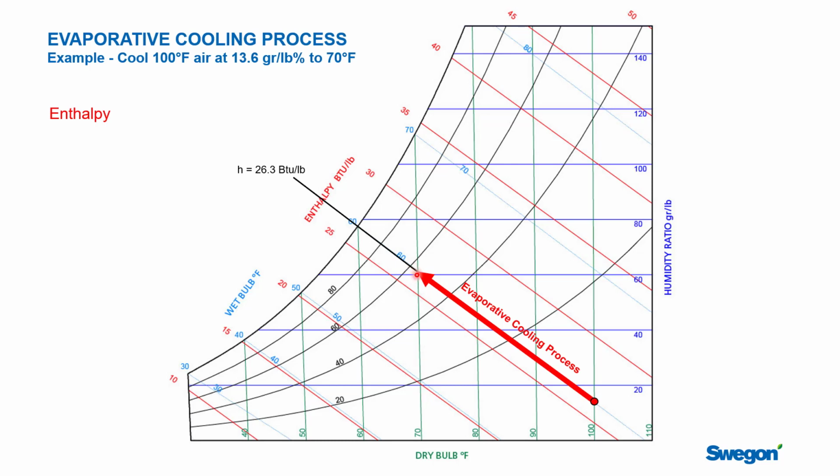We put that humidity into the air, and so you can see this followed a constant enthalpy line. It's an adiabatic process, meaning that there was no change in the enthalpy from the start to the finish. And so we followed this 26.3 BTU per pound line here.